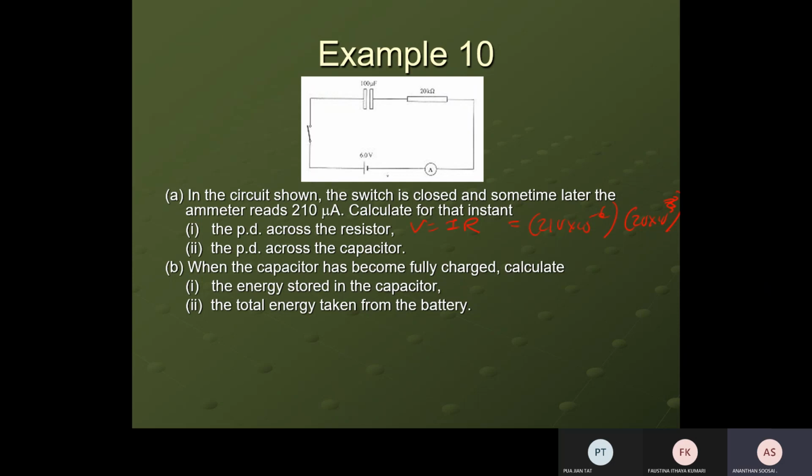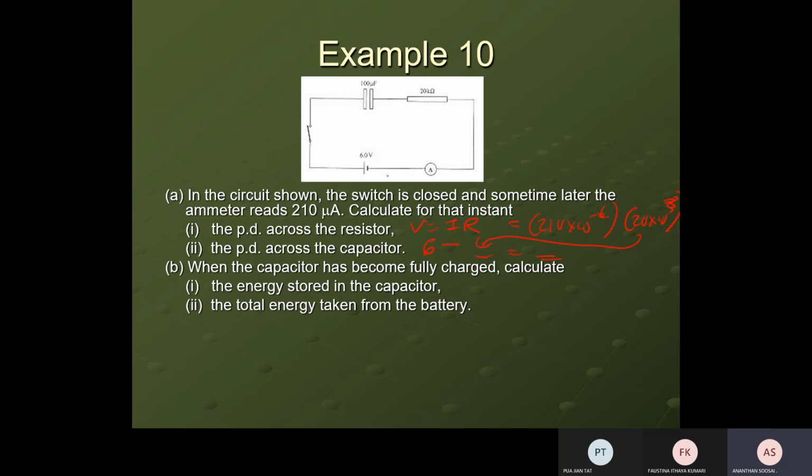So the PD across the capacitor is 6 volt minus whatever PD you got here. Once the capacitor has the same voltage, there won't be any more current, because the capacitor polarity opposes the polarity of the battery, so current won't flow.